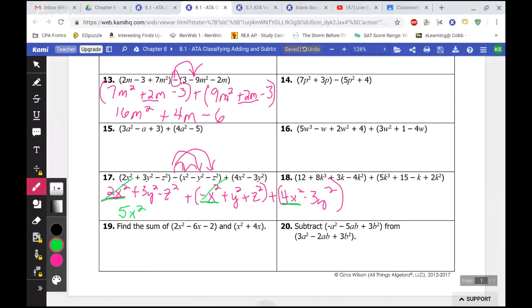So I've taken care of my x squareds. Sometimes when there's this many, I go ahead and cross out if I can. And then I've got a 3y squared with a y squared. So that's 4y squared. And then I've got a minus 3y squared. So that's going to give me plus y squared.